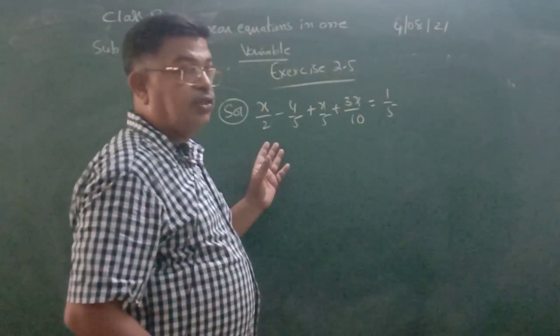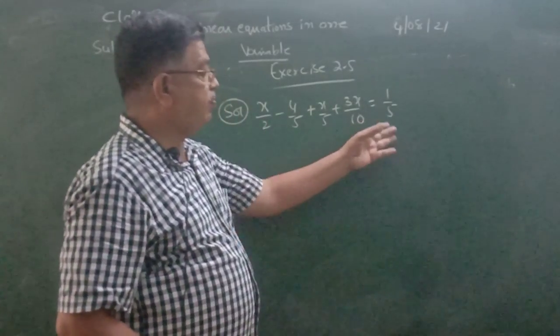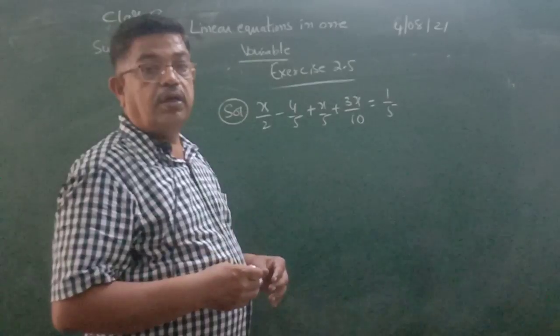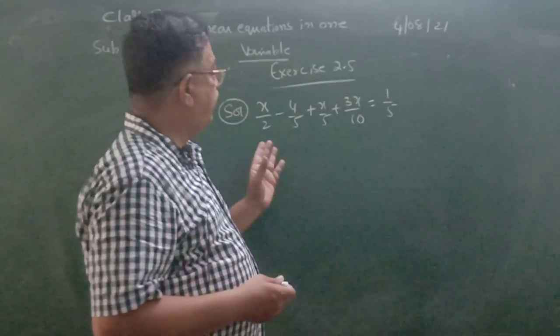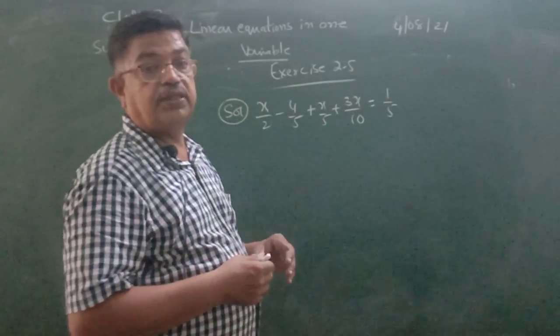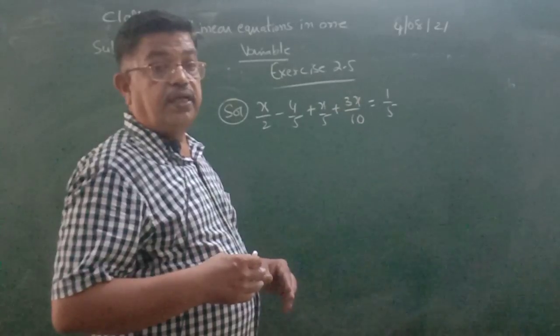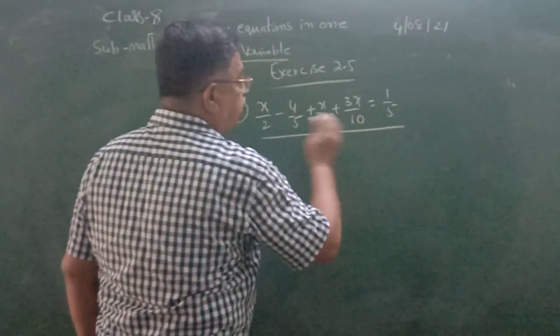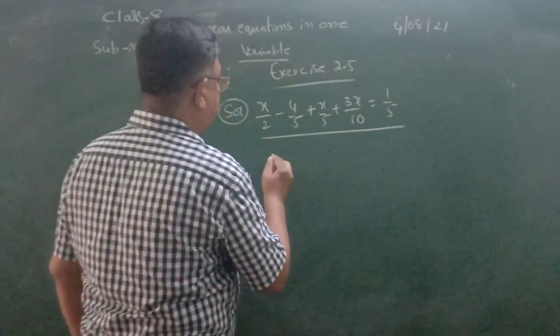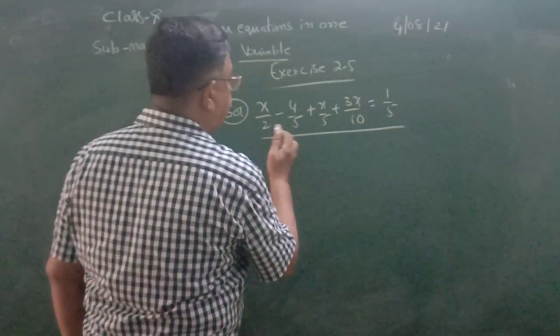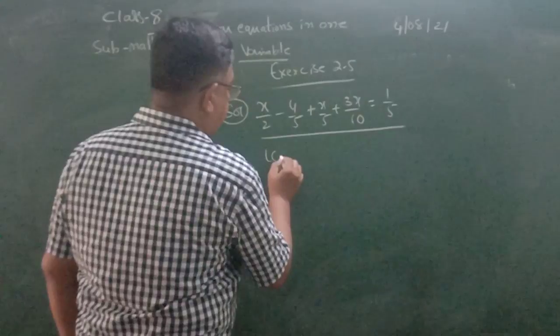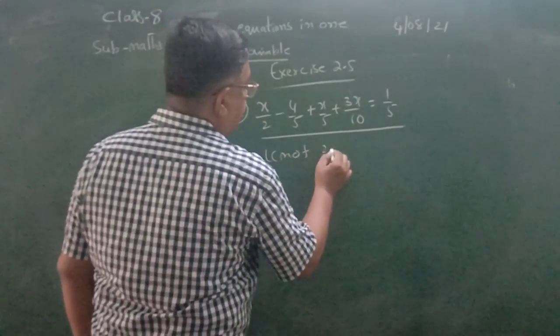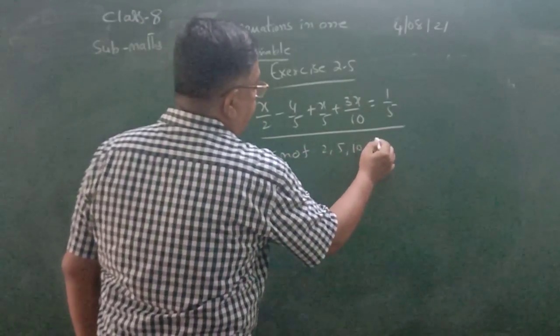What are the denominators? 2, 5, 5, 10 and 5. I told another method where we can take the LCM of the denominators and multiply each term by the LCM. So the LCM of all the denominators on both sides of the equation is 10, because 10 is a multiple of 2 and 5. So the LCM of 2, 5, 10 is 10.